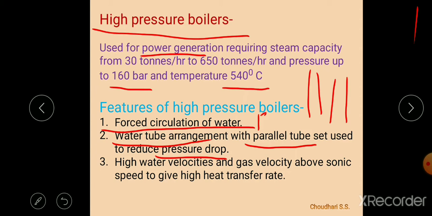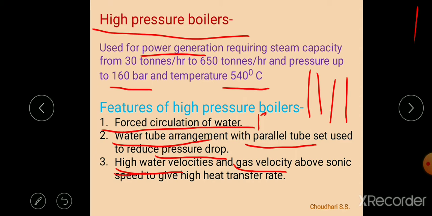The third feature of this high pressure boiler is that velocities of the water are higher, and the gas velocity, that is the hot gases in the furnaces, are at higher velocities, greater than sonic speed, meaning greater than the speed of sound. To give a higher heat transfer rate, we know the heat transfer rate is more when we are using higher flow rates.